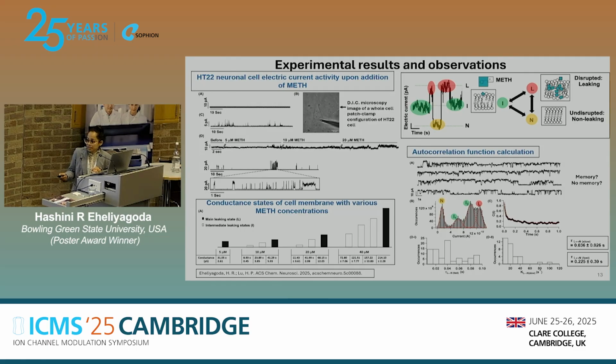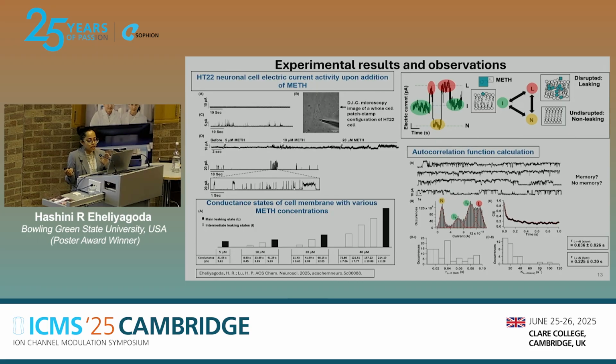With higher concentrations they have higher conductance states, so it's concentration dependent. But this is not just two states. It is a complex, convoluted process, representing several intermediate states. So it's not just a two-state system, non-leaking and leaking, but there are intermediate states.